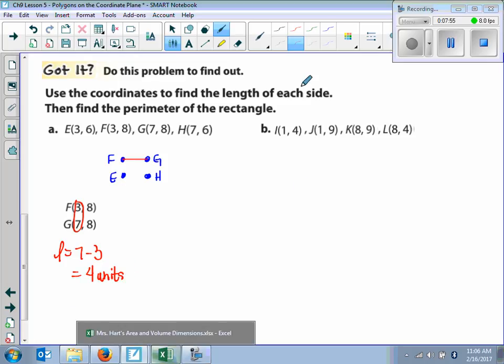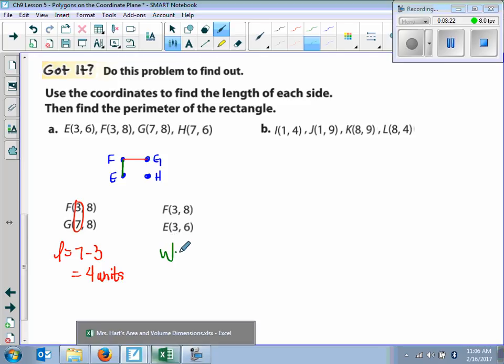Good. So now let's do F to E. Here we have point F and point E. And of course that is going to be the width, because that one over there is the length, right?